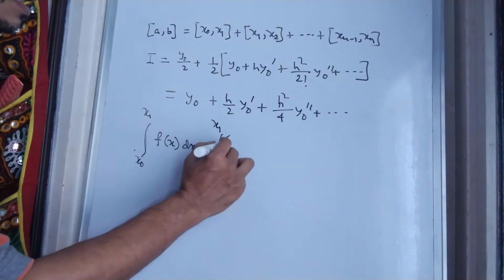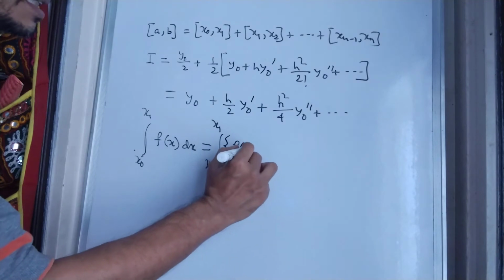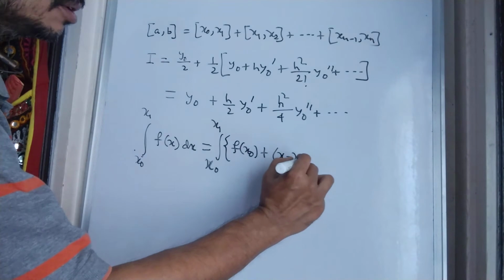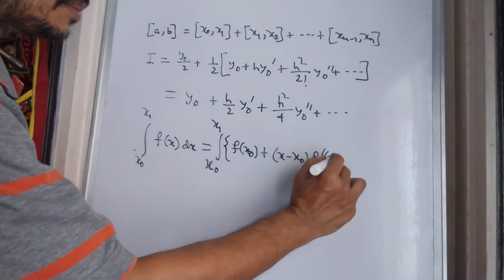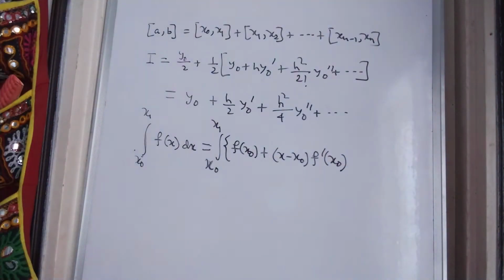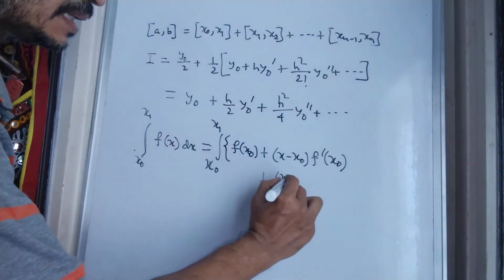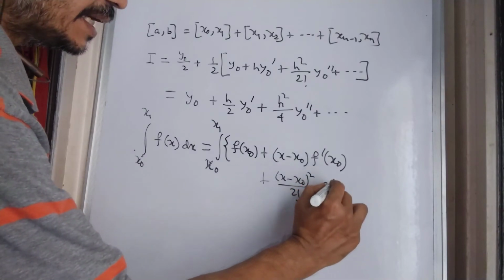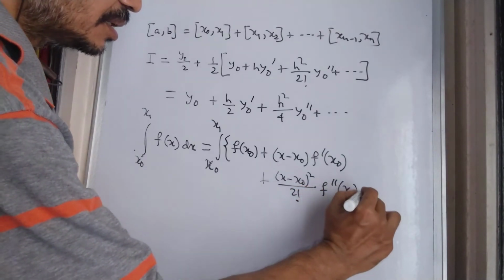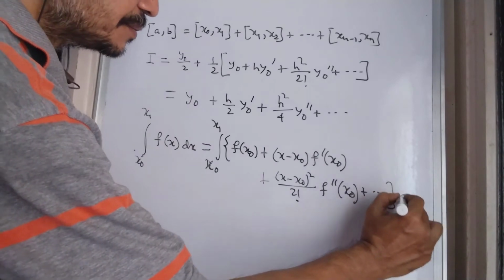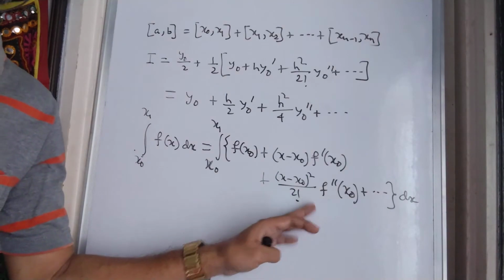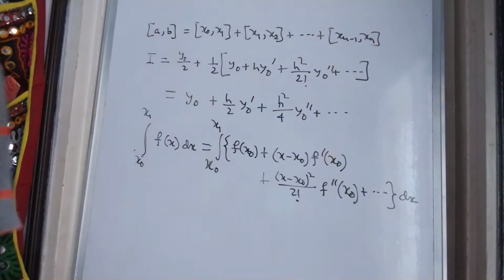It becomes nothing but fx0 plus x minus x0 f prime x0 plus x minus x0 whole square by factorial 2 f double prime x0, and we don't write any terms beyond this square term for reasons quite familiar to you.